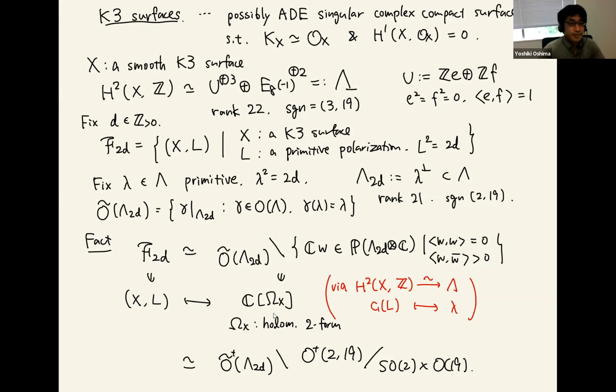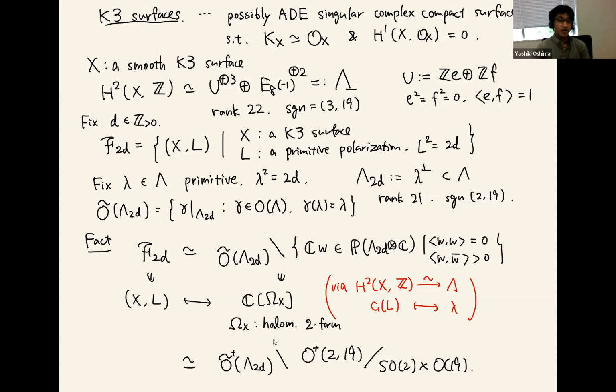The correspondence is as follows: given a K3 surface, suppose X is smooth, then we have such an isomorphism, and the Chern class of L goes to lambda, and then we take a holomorphic 2-form of X, and the period gives some element in this projective space.